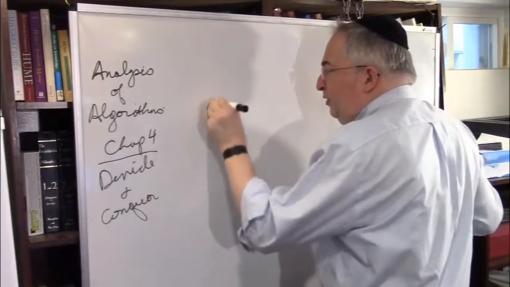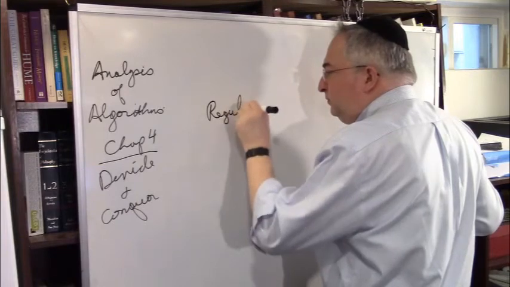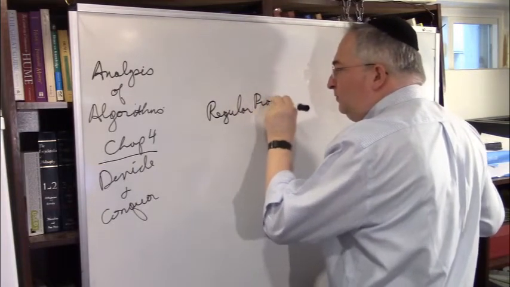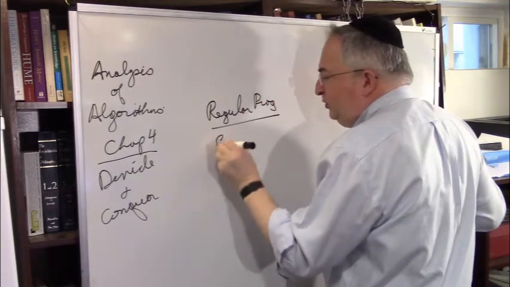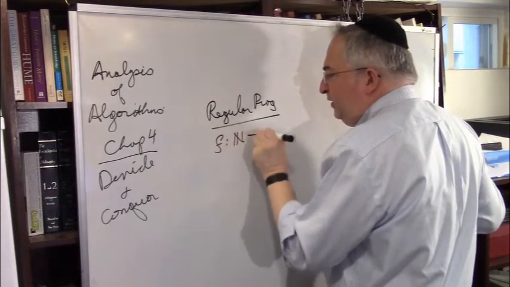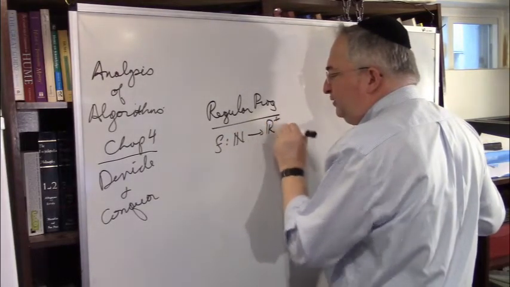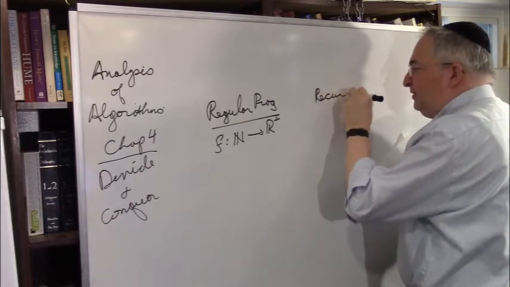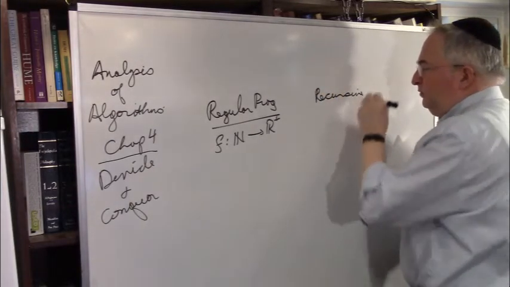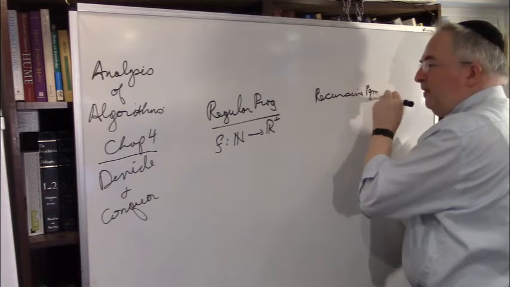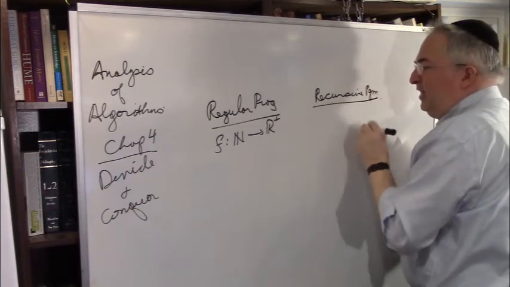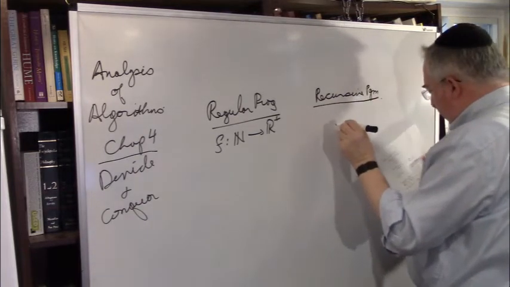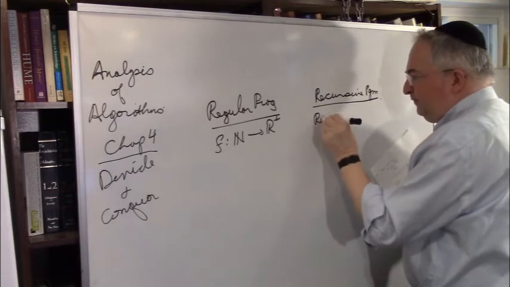Now, in regular programming, you get a function, which you compute. But in recursive programming, you don't get that. Instead, what you get is something called a recurrence relation.